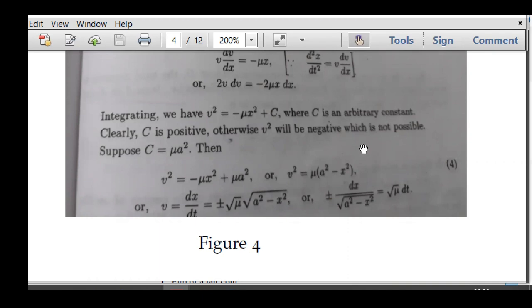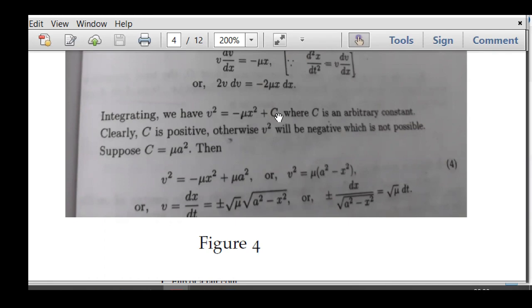So v square equals this quantity. Obviously v square is real, as v is real, because v is nothing but velocity, so there is no question of an imaginary quantity or complex number. So in that case c is positive. Now why is c positive? Because you are saying it is an arbitrary constant, that means it can be arbitrarily large.